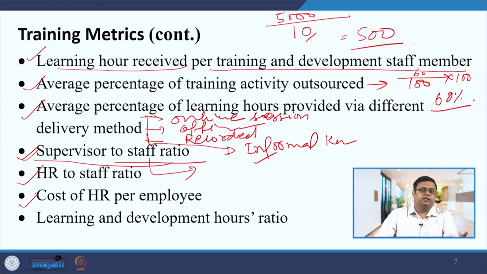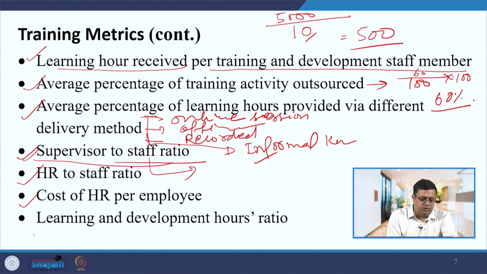Whatever total amount is there for these learning and development activities, you divide it by the total number of employees. Now you can go in depth, and calculate this department wise and job category wise. Whichever category requires more attention, you can plan more training and development programs for them, right.